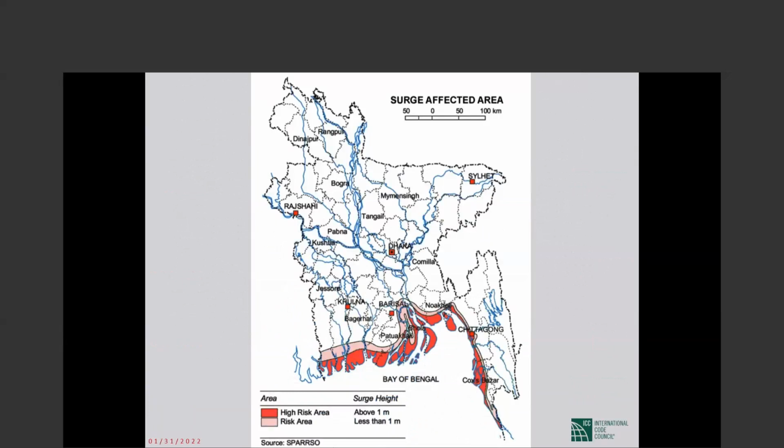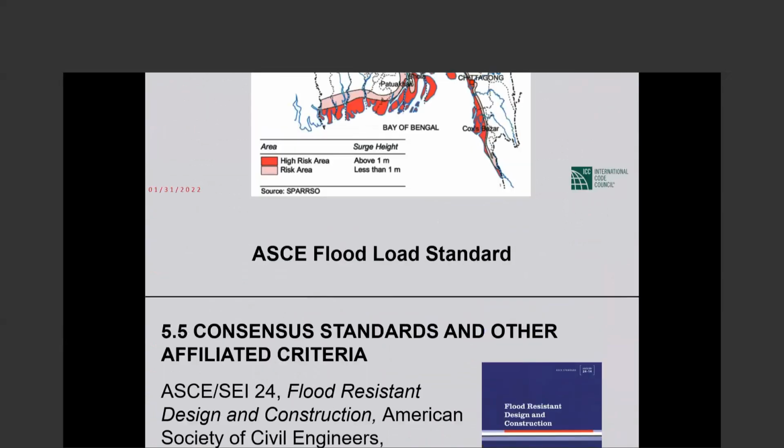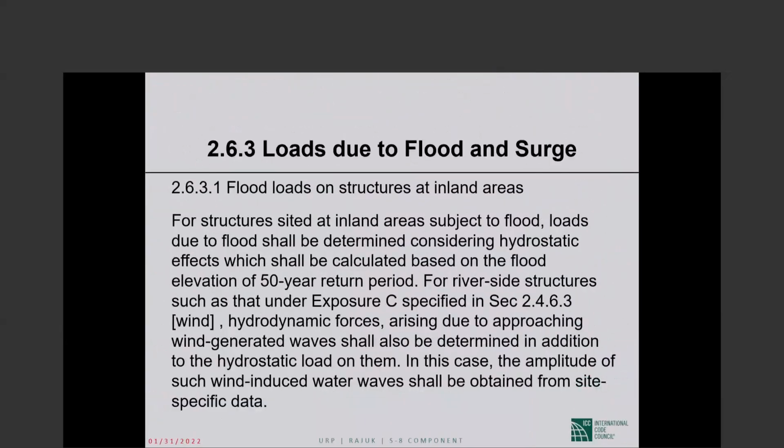Then there are coastal areas that are marked on this map. That's part of BNBC. High risk areas are the bright red, and risk areas are the pink. Okay, so these are very clearly just the coastal areas. Now, coastal areas is where you were asked to add the F sub A to the load combinations, remember?